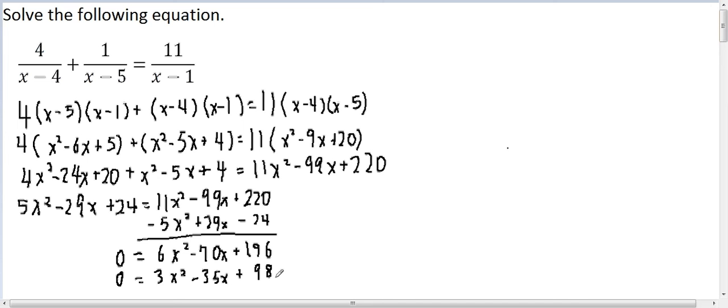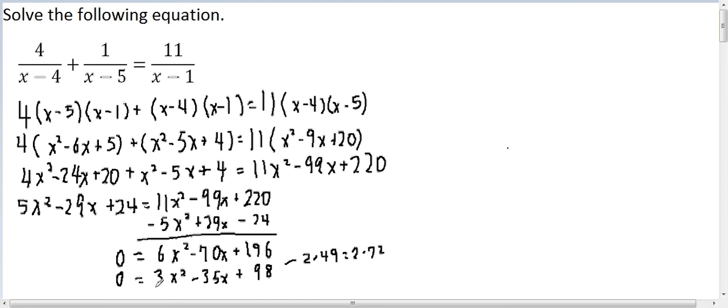Since we need to factor this equation, let's see what 98 factors into. 98 is divisible by 2, and if we divide it by 2, we get 2 multiplied by 49, and 49 is equal to 7 times 7, so 98 is equal to 2 times 7 squared.